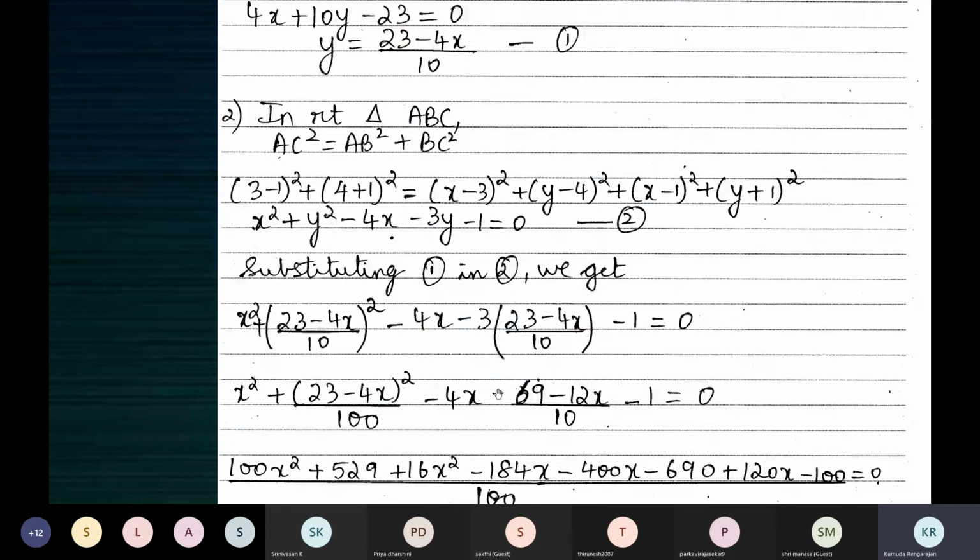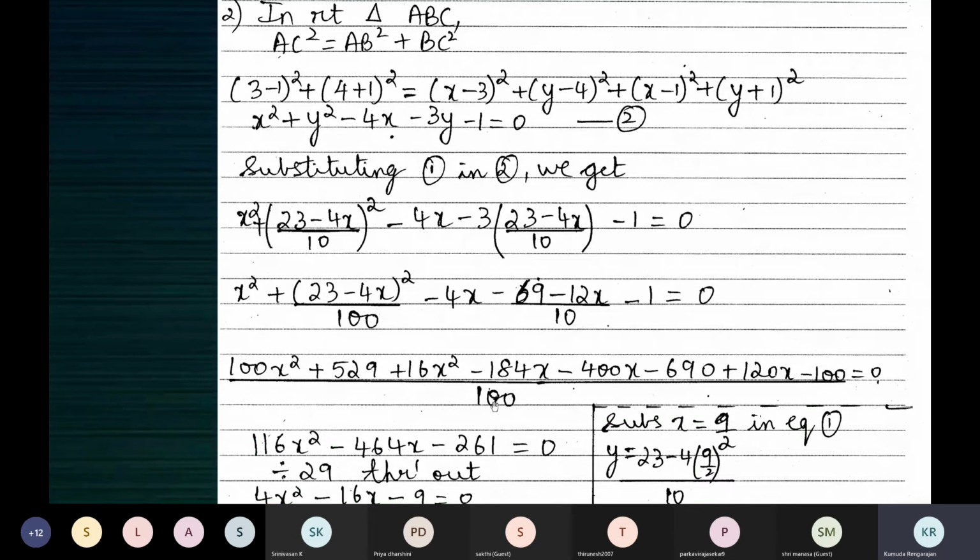Then when you take the LCM, this becomes 40. When we take the LCM, see here, minus 690, minus into minus plus 120x.